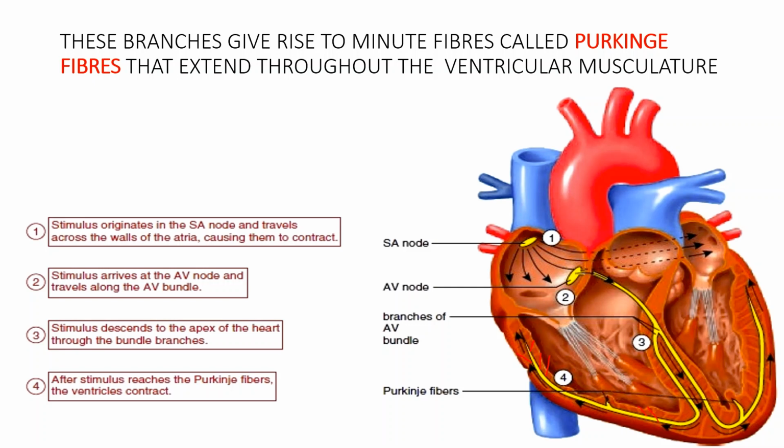That means the sinoatrial node generates action potentials that reach the atrioventricular node. The sinoatrial node releases action potentials about every 0.8 seconds, an average of about 70 to 75 action potentials generated by the SA node.